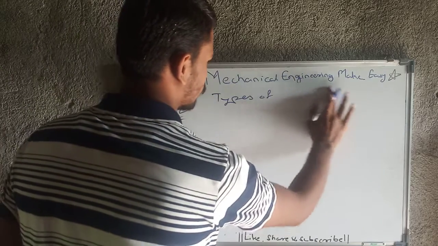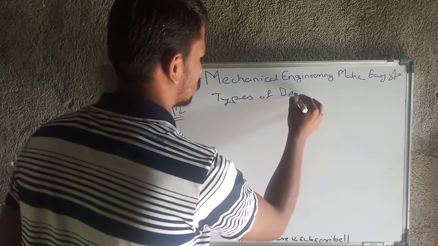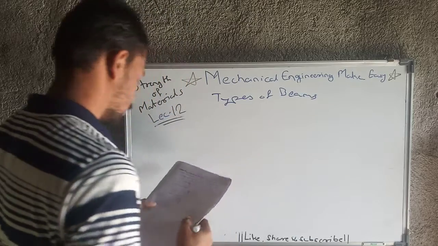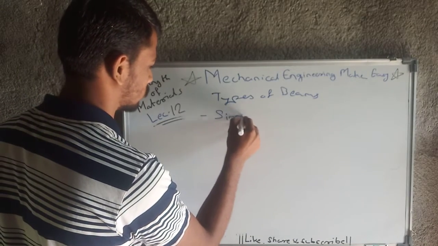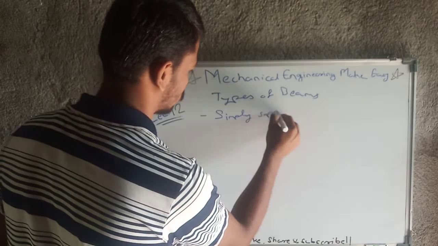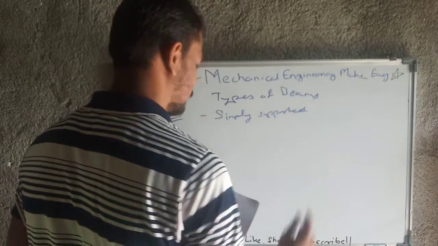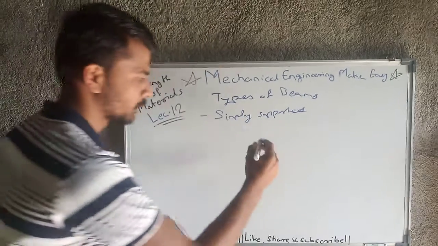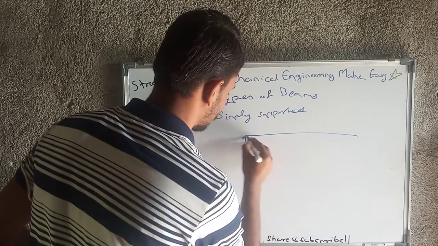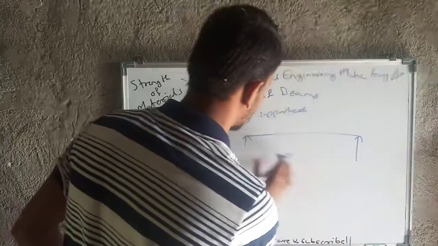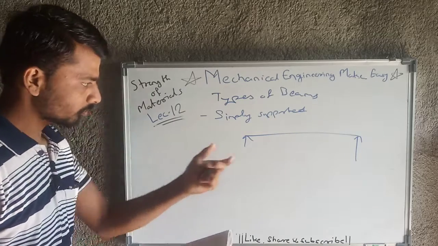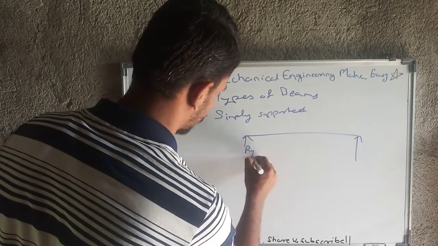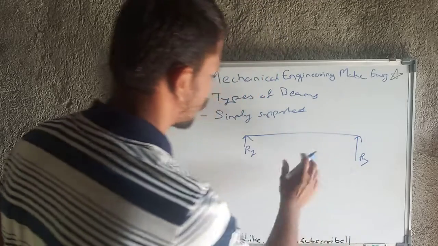So, types of beams. The first type of beam is the simply supported beam. This is the beam and at both ends the supports are there. Only one reaction component will be there, Ry.